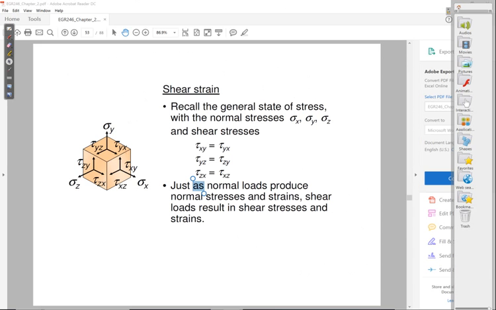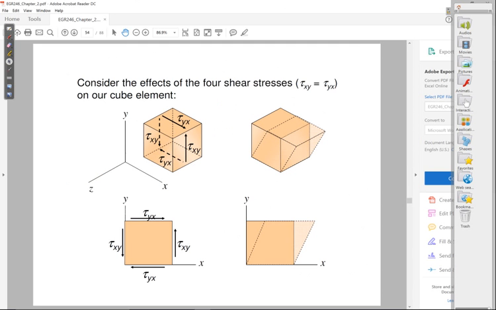So if we use radians as a measure of our shear strain, or what happens when we apply a shear stress, then we have the definition that we're looking for. So that's going to be our formal definition for our shear strain. It's just a change in angle when you apply your shear stresses. I talked about this at the very beginning of the first part of this week's lecture, how when you apply these shear stresses, you get this change in angle.